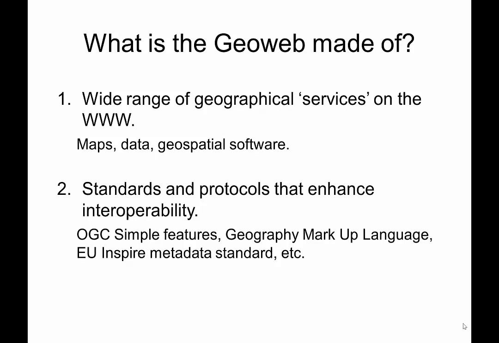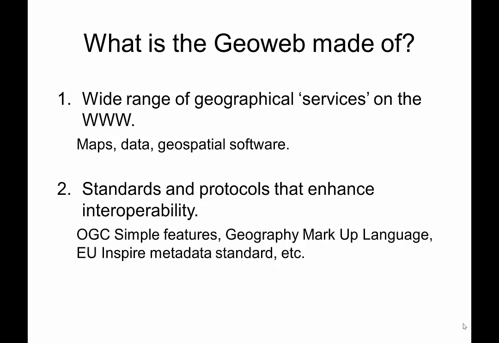So having said that and had a quick look at what's out there, what is the Geoweb actually made of? Okay, we know it's about spatial data and maps on the web. Well, how do we actually do this? Well, there are what we can call geographical services on the web. It consists of these applications that have been built that produce maps, that supply data, or that do something for you.